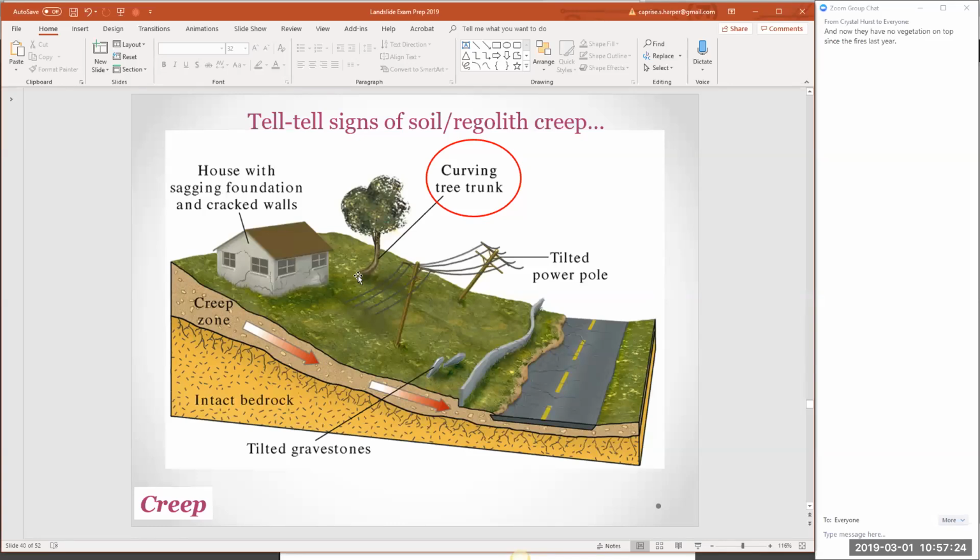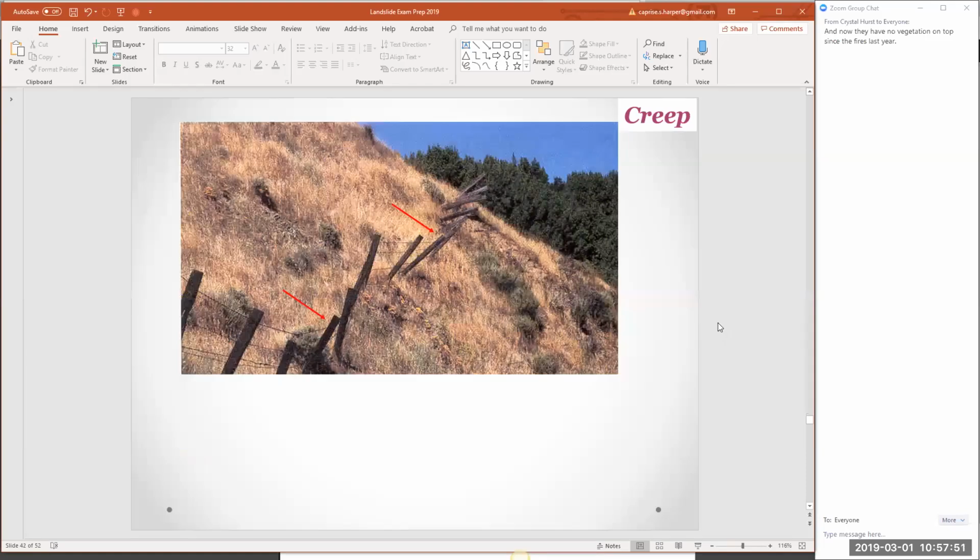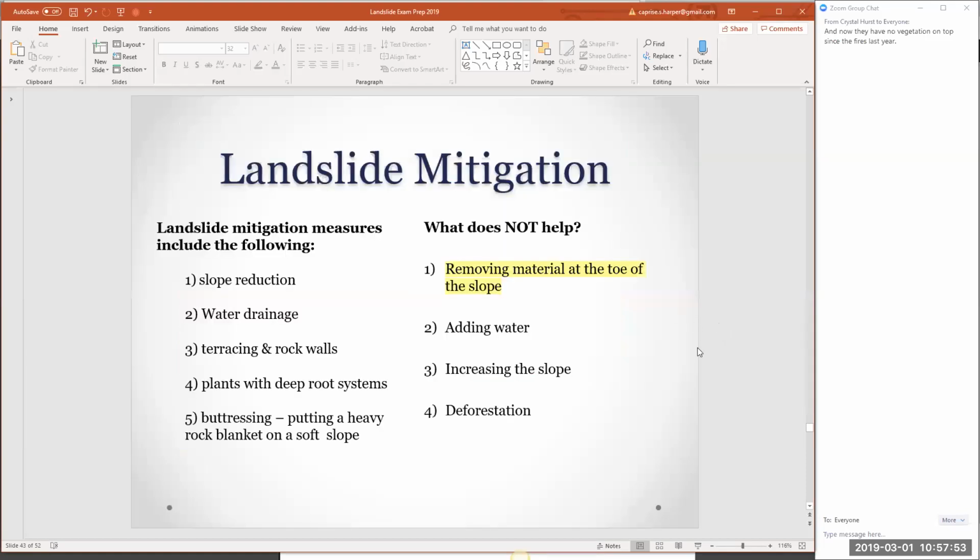The tree can still grow, but because it's slowly moving as it grows, it forms this curved trunk. I love this. And up Sundance, if you know that area, it's all this. All of the trunks are curved this way, slowly moving. You also see it in fences.